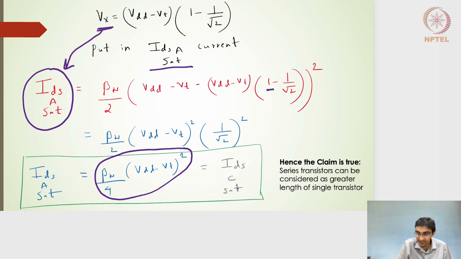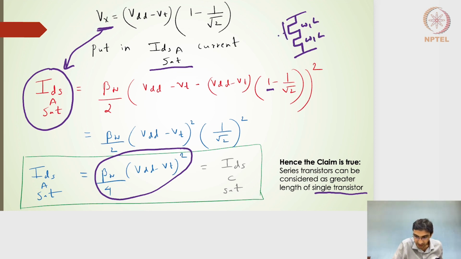So what we are saying is, if I have two series transistors of the same dimensions, W, L, and then the next transistor is also W, L, the series transistors can be considered as a greater length of the single transistor. Right, so it's equivalent. So what we did was, I had two NMOS transistors, W, L, with the same input here.